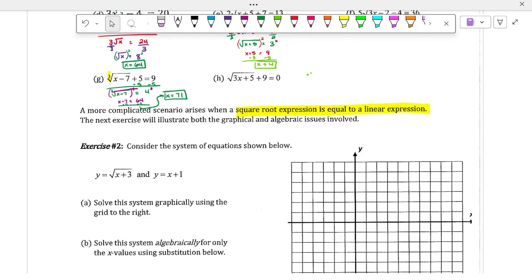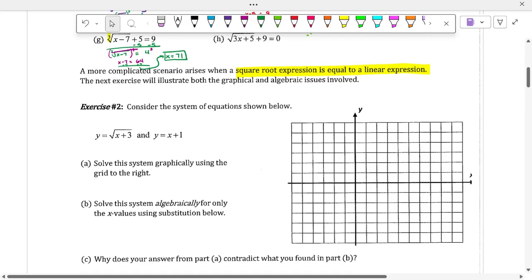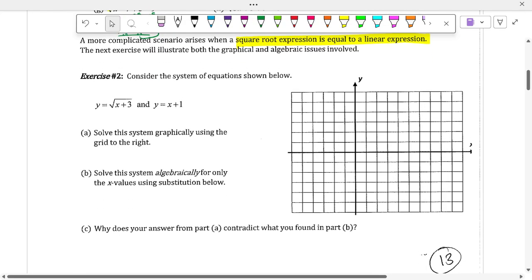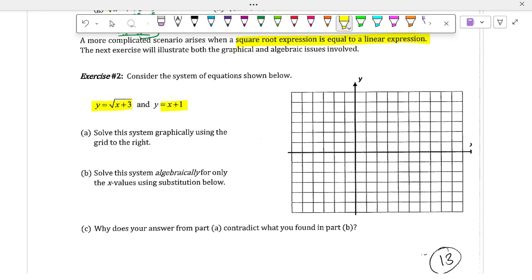So we're going to solve this both graphically and algebraically. All right. So we're going to solve it graphically first. So we're going to consider these two equations. I'm going to graph the x plus 1 first because that's the easier one. So where do I start with the linear function?